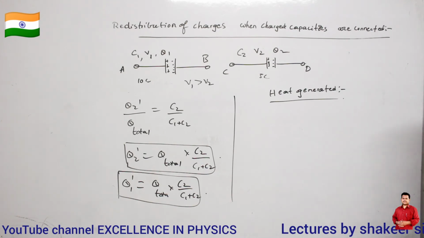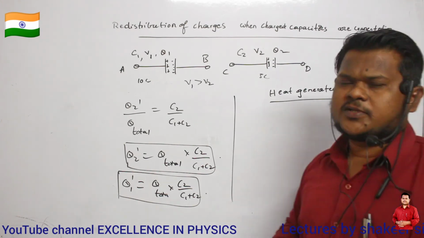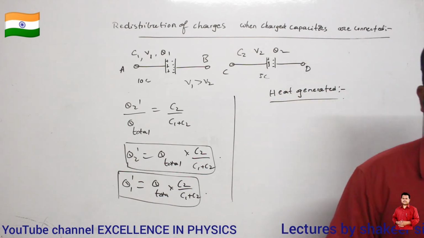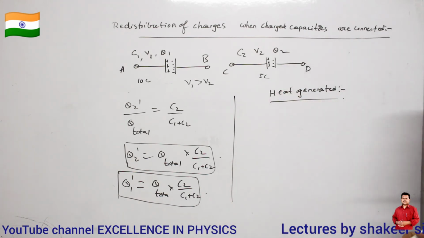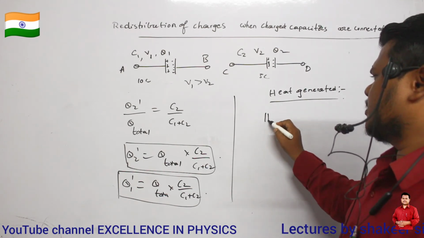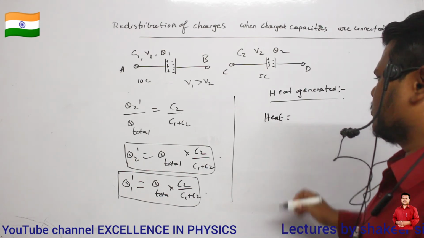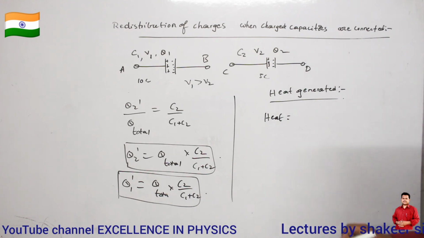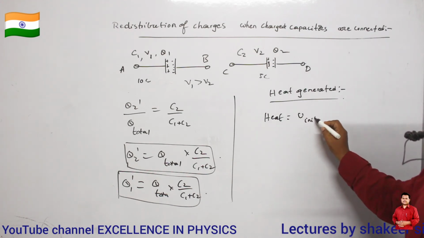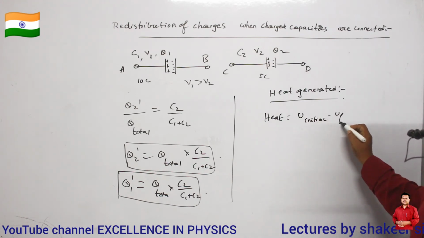Because when charges are being transferred, they should overcome the property of resistance. Because of that, definitely heat will be generated. So how can I calculate heat generated? Heat generated is equal to total initial energy minus total final energy. So U initial minus U final.